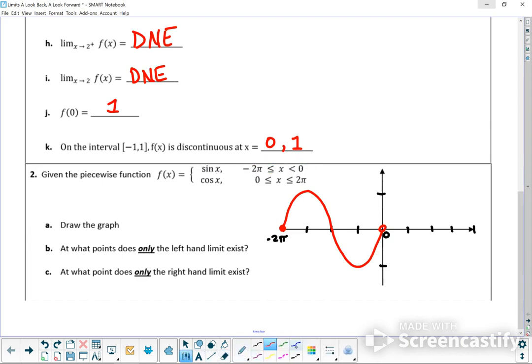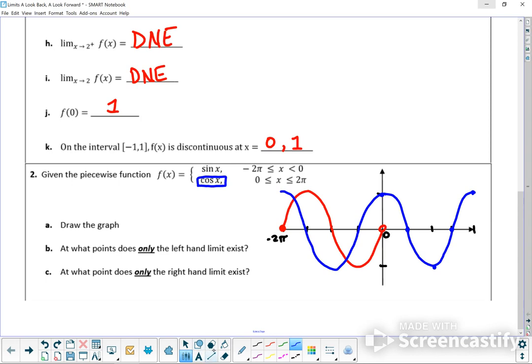Second one is this cosine of x. My cosine starts off like this at the top, middle, and then bottom, middle, and then back to the top. So cosine looks like a V like that, and then on the other side it does the same thing, just in the opposite direction.